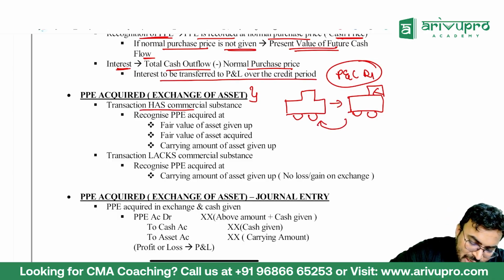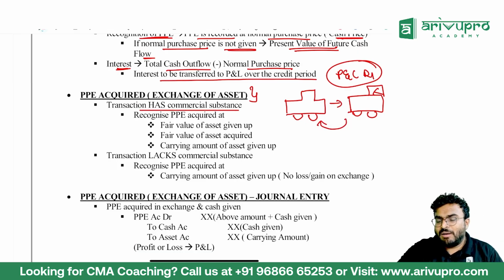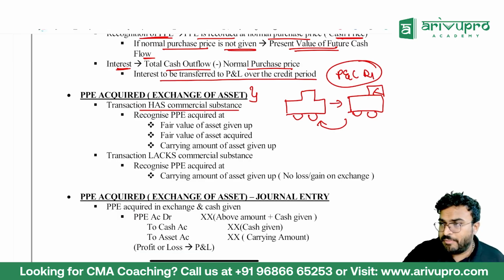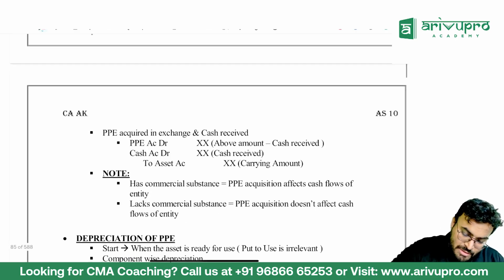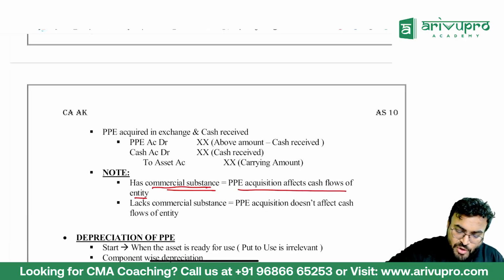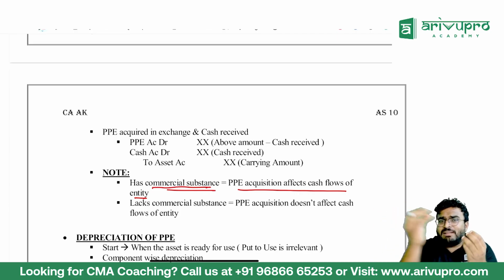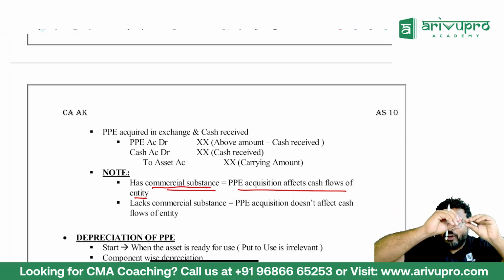Okay, transaction has commercial substance. What does it mean? Now, see this. Has commercial substance means PPE acquisition affects the cash flow of the entity. By exchanging the asset, the new asset which is going to come is going to give me more benefit.